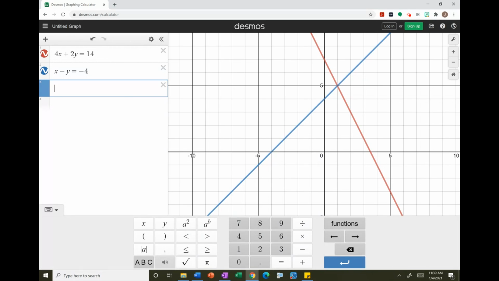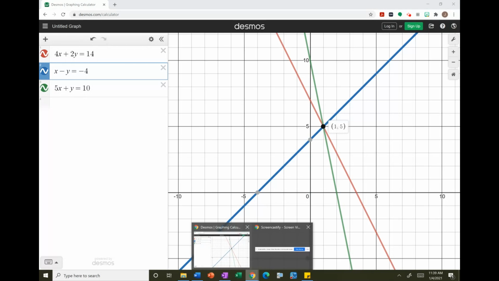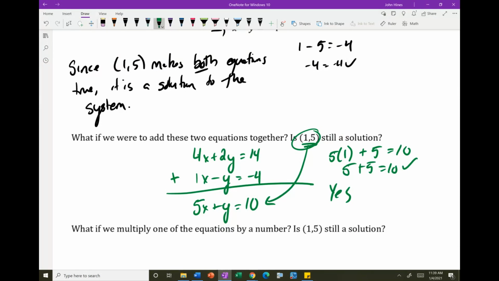And now we've got this new equation, 5x plus y equals 10. And what do we notice about that green line? That green line, if added to that system of equations, still has the same solution. So if we add equations together, we can preserve the solution to the system. So that's what we're going to do when we eliminate, is we're going to end up adding equations together because that's a legal thing to do. It doesn't change that solution to the system.